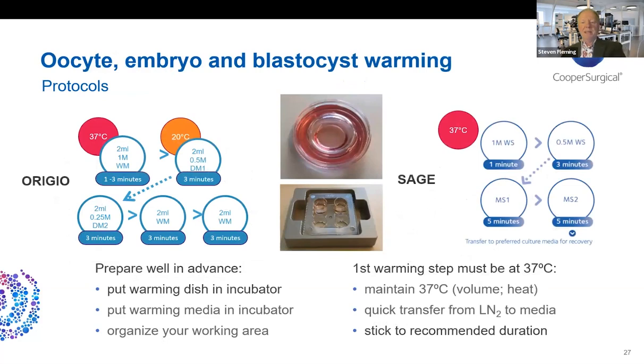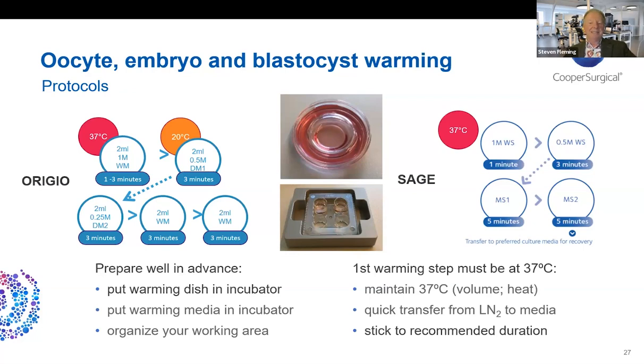And when it comes to warming protocols, they're generally applied to oocytes, cleavage stage embryos, and blastocysts. Though you can see that the dilution and washing following the first warming step, which is performed at 37 degrees, of course, can be performed either at room temperature, as with the Embryo kit there, or at 37 degrees, as with the SAGE kit.